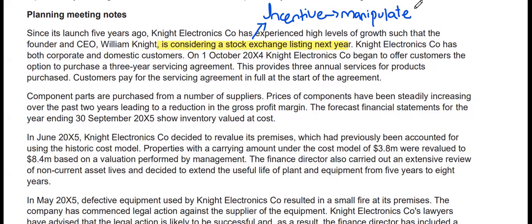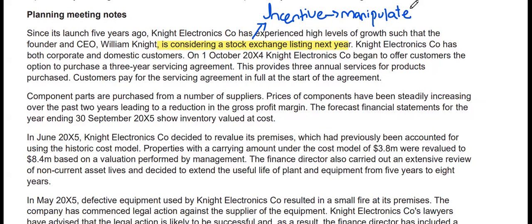They can manipulate the financial statements by overstating. You can also use the word window dressing, or you can explain that by overstating assets, profits, income, and by understating expenses and liabilities. All right, guys. And please remember that, because I'm teaching you how will you answer your audit risk question.